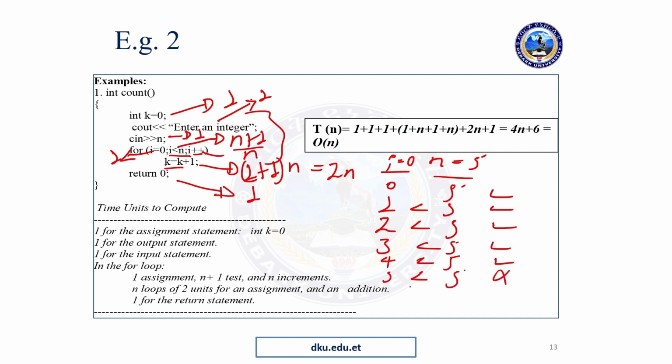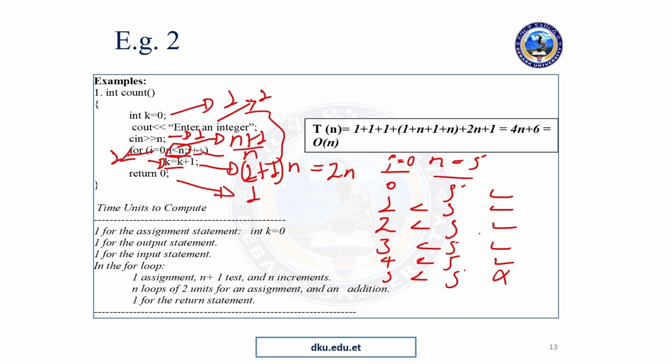Which means if this condition is not true, at this iteration this statement will not be executed. This and this statement will not be executed, but this condition is checked, right?